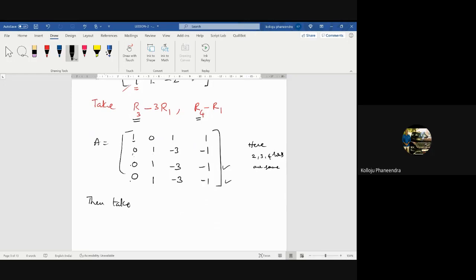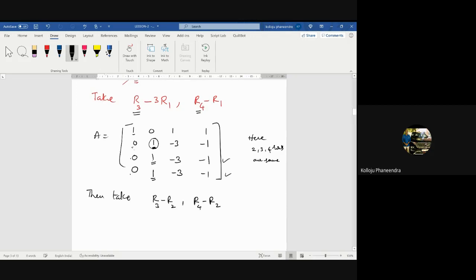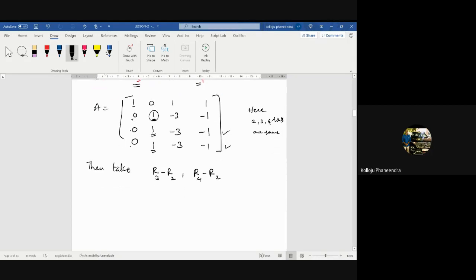In the second row, there is 1 zero before the first non-zero element, so in the next row there must be 2 zeros. So the operation is R3 minus R2, R4 minus R2, to convert these two positions to zeros.